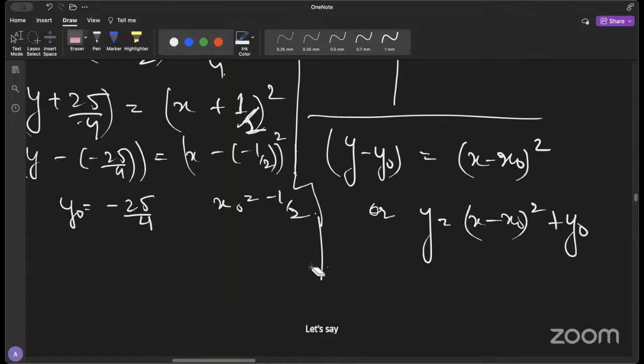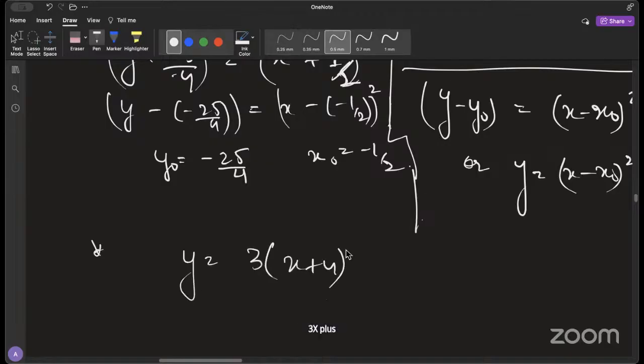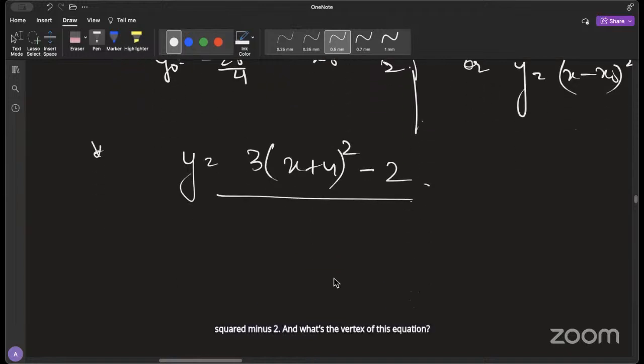Let's say you have an equation of the form y equals 3x plus 4 squared minus 2. And what's the vertex of this equation? 2 and 3. 2 and minus 3. Minus 4 and minus 2.